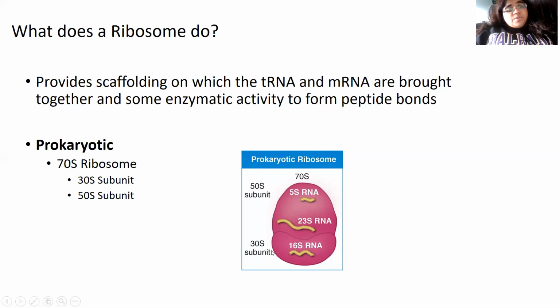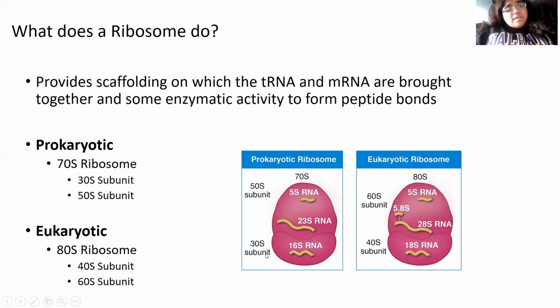These are the two components. Then with eukaryotes, you see the differences in how the subunits are structured. Different structures accommodate the different needs of a prokaryote versus a eukaryote, okay?